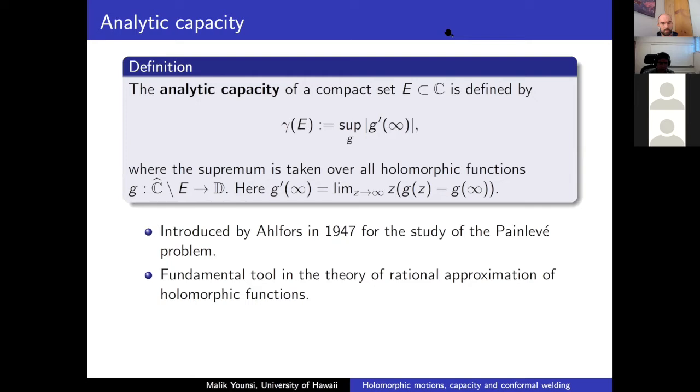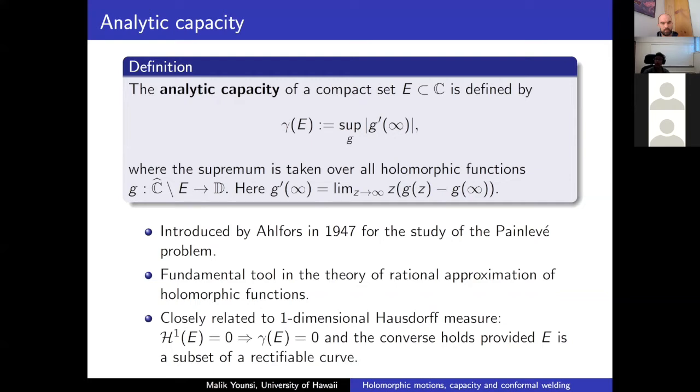And then actually, we're not going to need much about analytic capacity today, except that it is closely related to one-dimensional Hausdorff measure. So the relationship is the following. There's an old theorem, usually attributed to Painlevé, which says that if the length is zero, the one-dimensional Hausdorff measure of the set is zero, then the analytic capacity is zero as well.